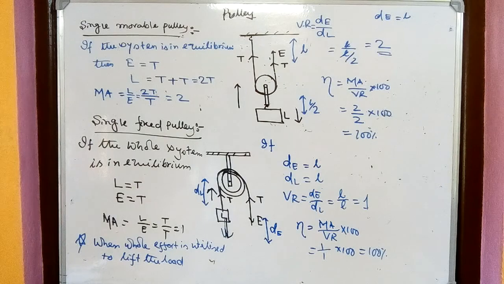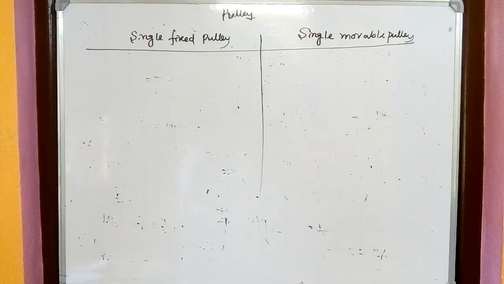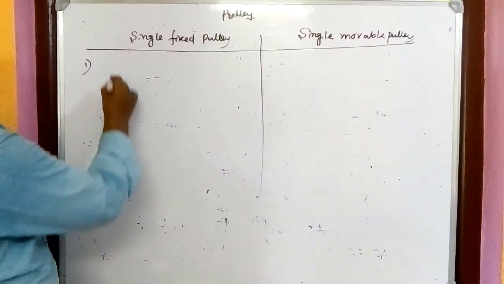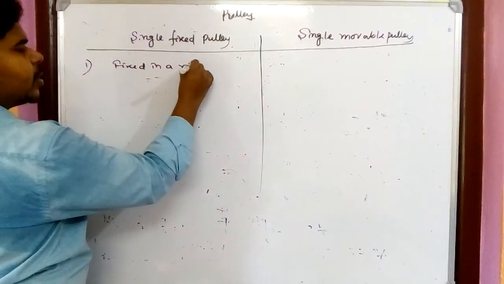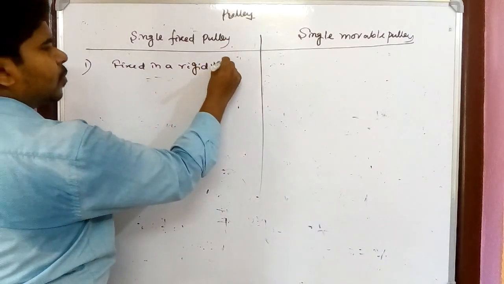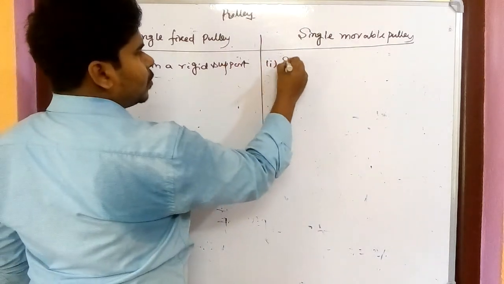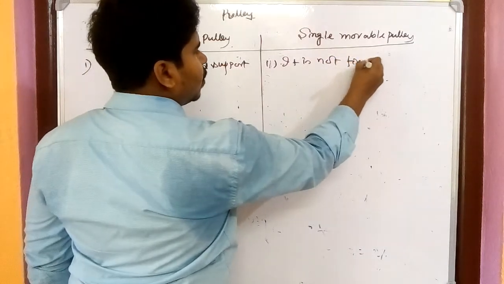Clear? Now we have to discuss the difference between movable pulley and fixed pulley. As we have already said, we have to discuss the difference between single fixed pulley and single movable pulley. So what differences have we seen? Number one, the single fixed pulley is fixed in a rigid support, while the movable pulley is not fixed. Simple thing, it is not fixed.